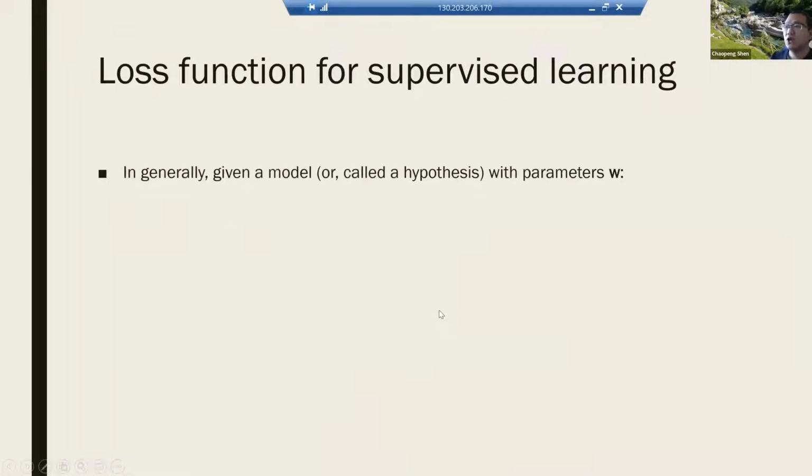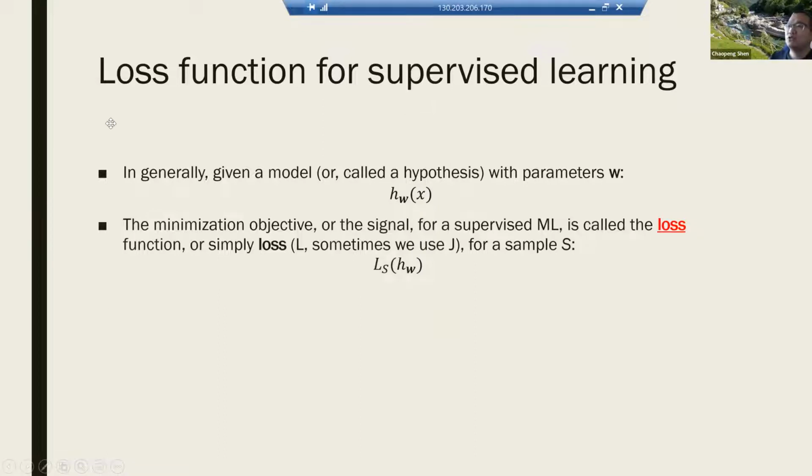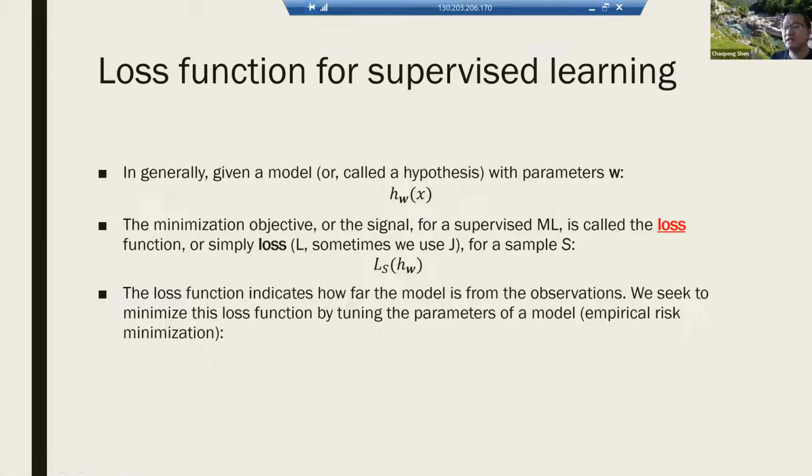All right, so in general, this model can be understood as a hypothesis. This model is a hypothesis with some parameter w and with input x. What we're trying to do here is to minimize a certain objective, what we call a loss function for sample S. The loss function indicates how far the model is from the observations.